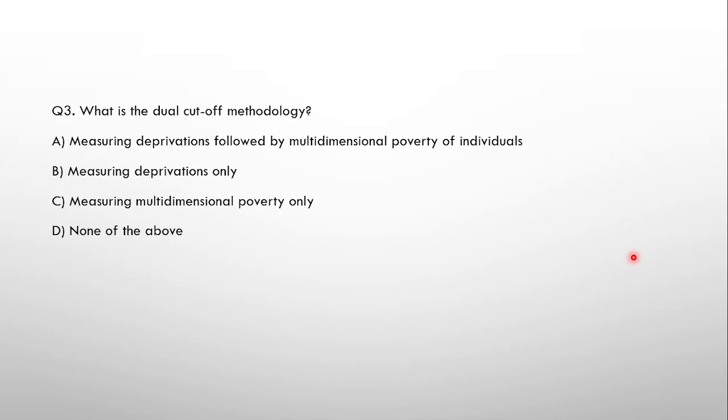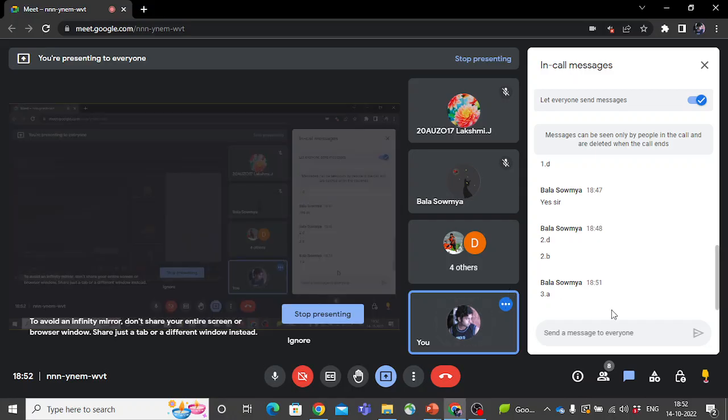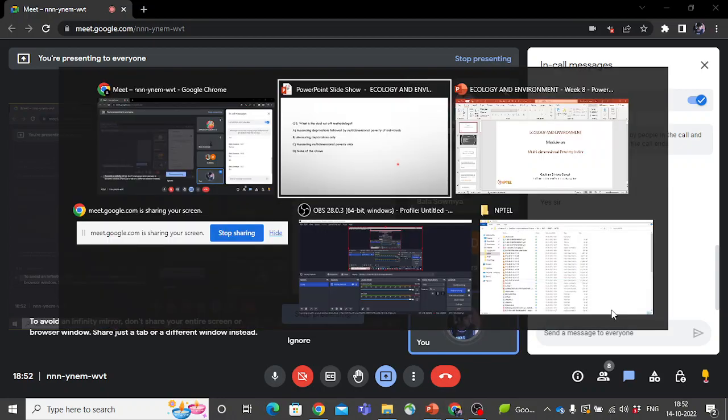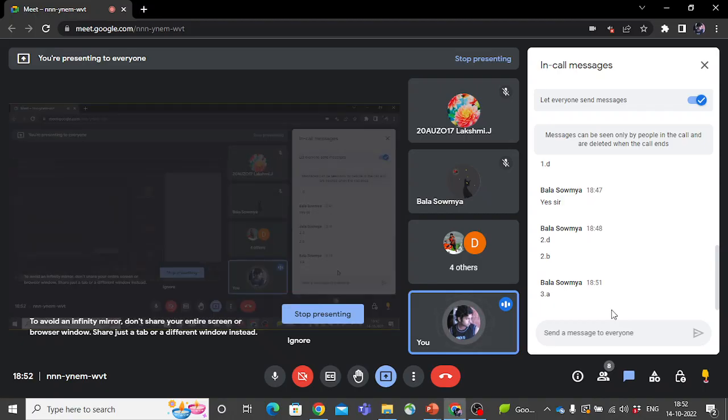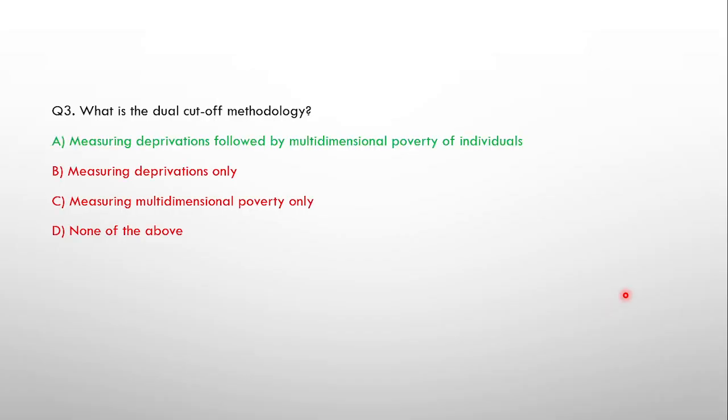C, only poverty cutoff. Or D, none of the above. So here the answer lies in the question only. Absolutely. So you're doing both the deprivation cutoff as well as the poverty cutoff. So that is the dual cutoff methodology.